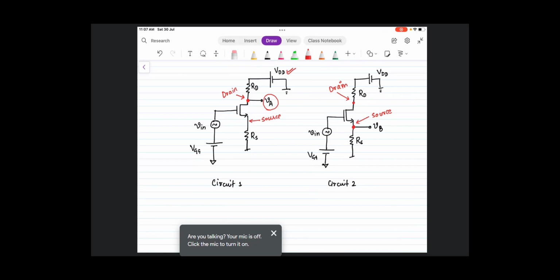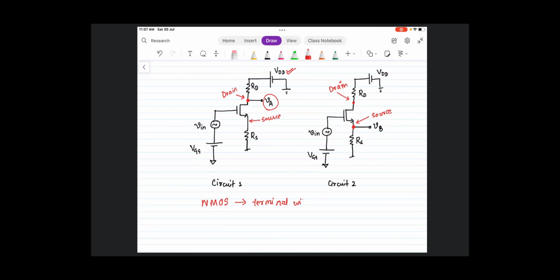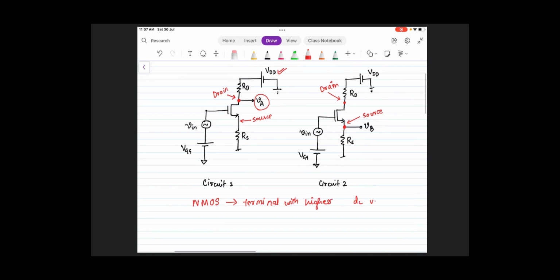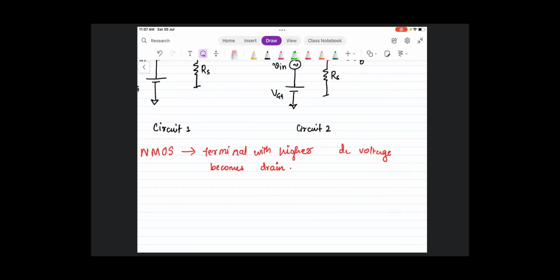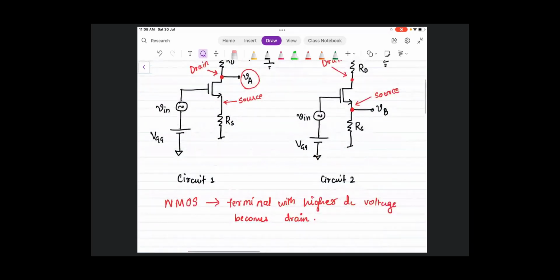So for an NMOS, the terminal with higher DC voltage becomes the drain.